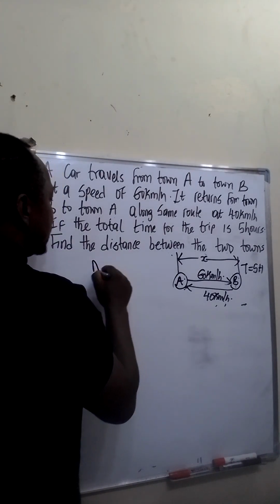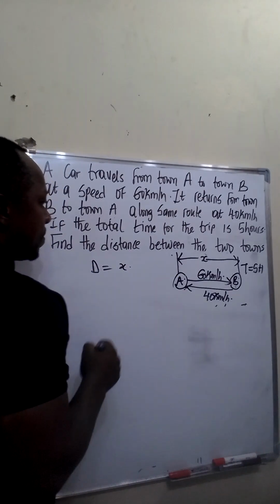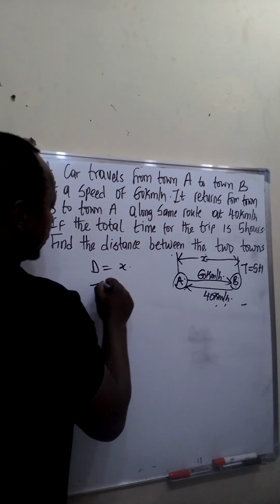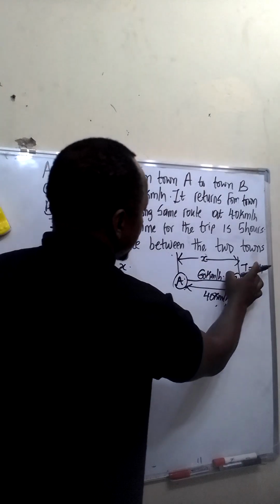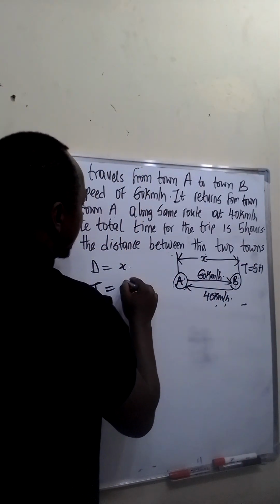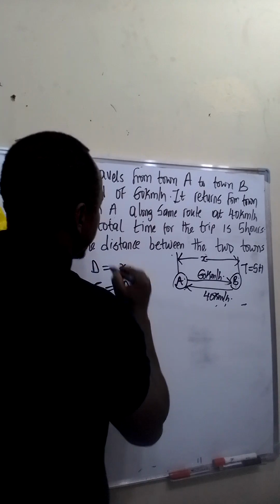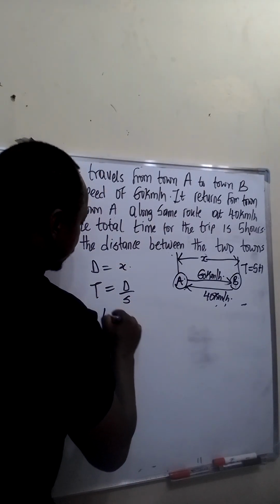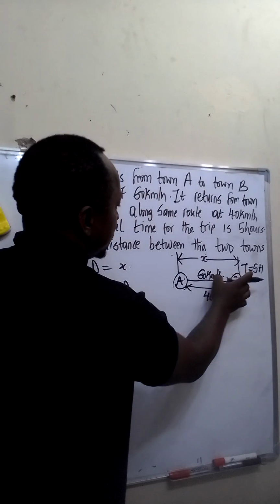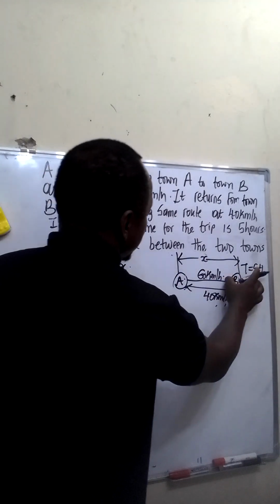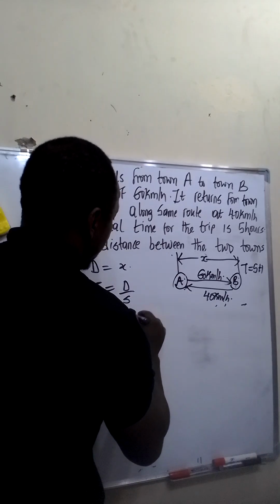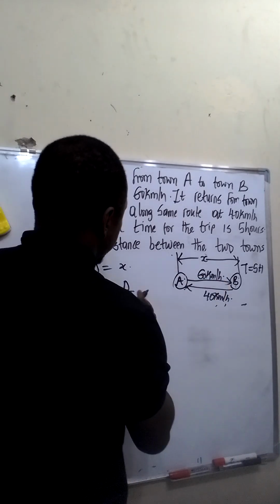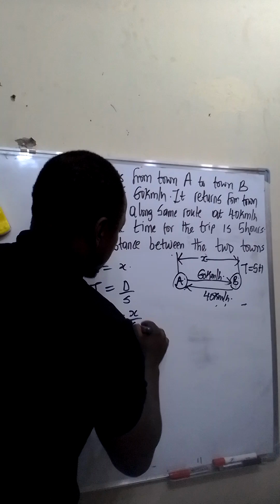Our distance, which is D, is given as x. Let's find the time it takes the car to move from this point to this point. Our time is given by distance over speed. Now, T1, the time it takes to move from town A to town B. Our distance is x, over the speed, which is 60.